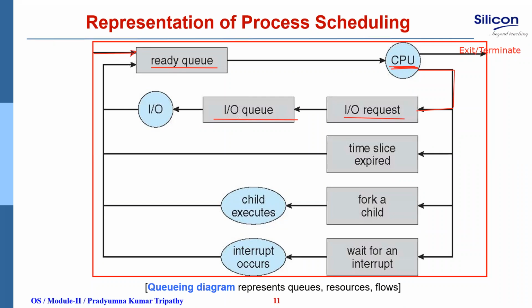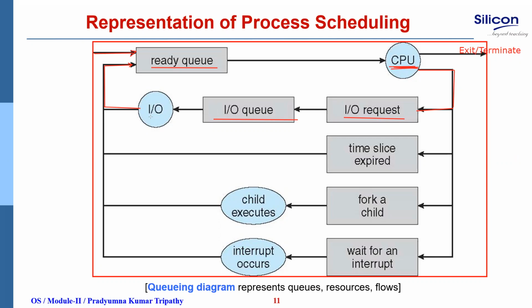Correct? At some point of time, the IO completes. Whenever the IO event has occurred, meaning you have given the input from the keyboard, it will again be added to the ready queue. Is it understood? So the CPU is executing a program, an IO request may occur, and it will go to the IO queue.